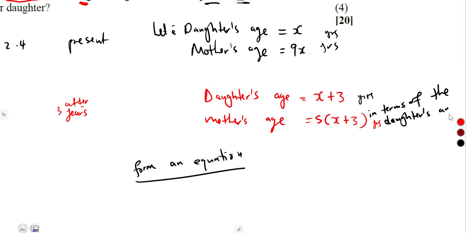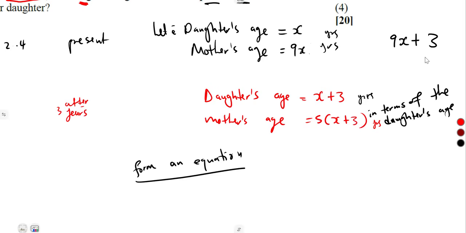The daughter's age, from what we are told that it is 5 times. We did not find it in terms of our knowledge. After 3 years, our proper knowledge is that your age is supposed to be 9x plus 3. After 3 years, we must add 3 years. Just like here, the daughter's age after 3 years is going to be x plus 3.